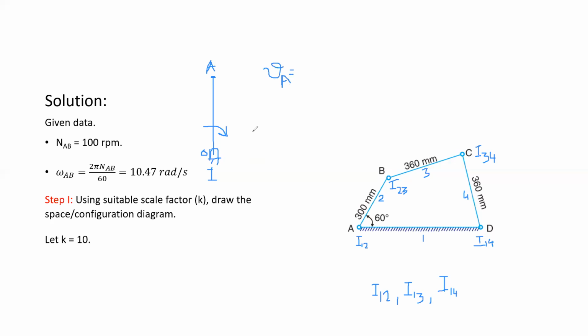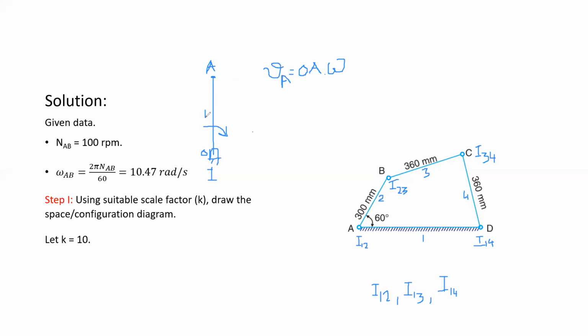According to this diagram, that radius is nothing but OA, this distance, multiplied by omega. Which omega you have to take? You have to take the omega of the link on which point A is.